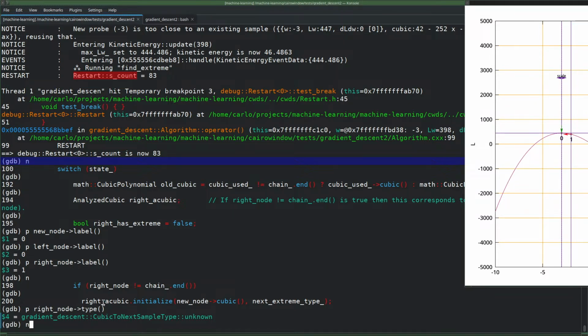A stands for analyzed or something. Analyzed cubic between 0 and 1, being the cubic on the right of the new node, which is new between quotes. It's 0.